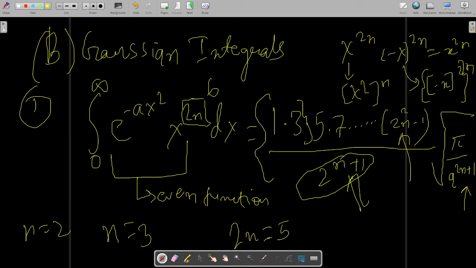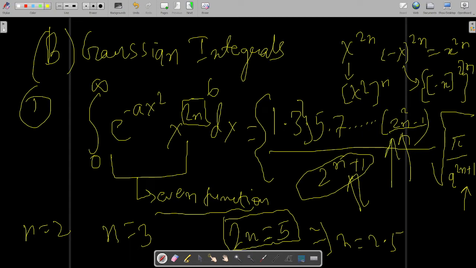Never take 2n equal to 5, because clearly I have stated beforehand that it is an even function. Above that, if you take 2n equal to 5, n will be 2.5. If you put n equal to 2.5 over here, you won't get any significant thing. But we know this very well that it is 1 into 3 into 5 into 7 like that.